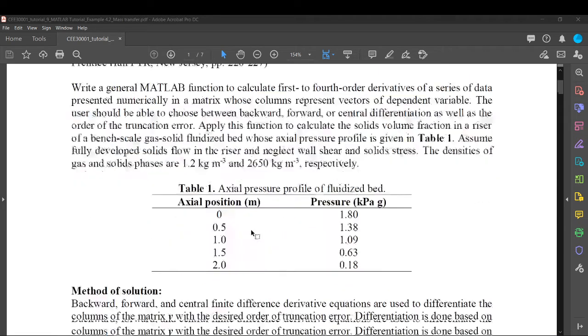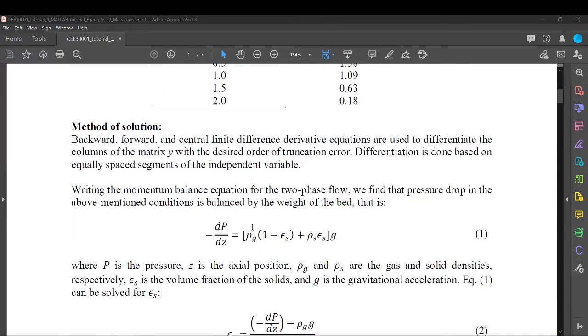Okay, so you're given the momentum balance equation for the two-phase flow, in which we find that the pressure drop in the above-mentioned condition is balanced by the weight of the bed, that is equation 1, where P is the pressure, Z is the axial position, rho G and rho S are the gas and solid densities, respectively.